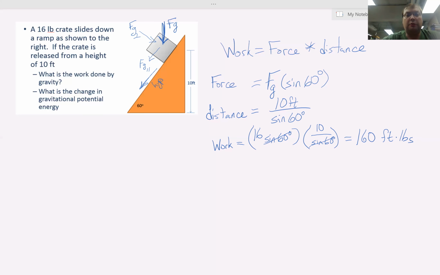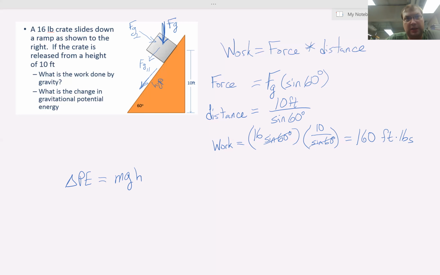If we look at this now from a different approach with regard to work and energy calculations, we're also told that the change in potential energy is equal to mass times gravity multiplied by a height change.